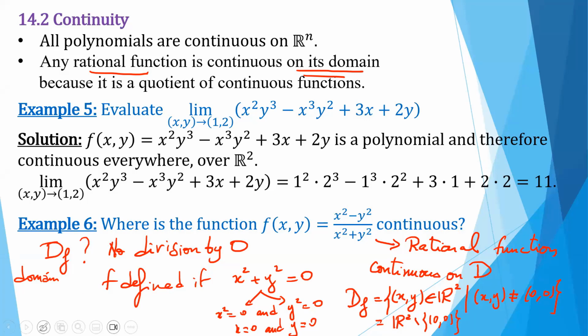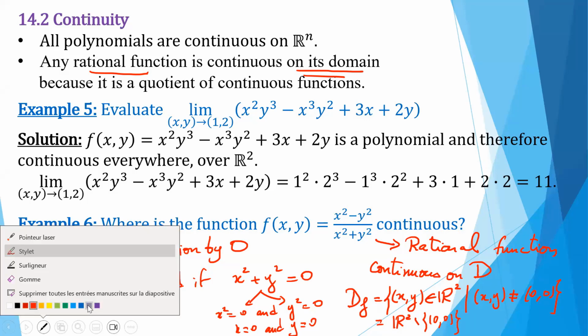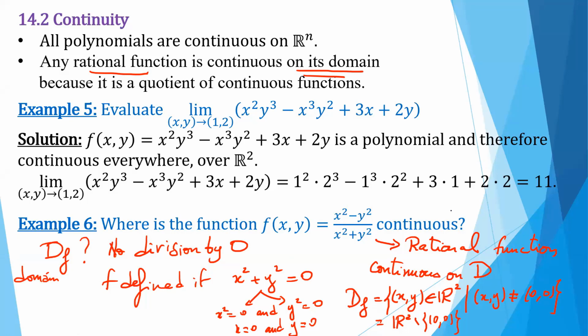So where is this function continuous? It is continuous on its domain Df, also R2 except the point 0, 0. So if you want, the domain of continuity is the domain of definition.